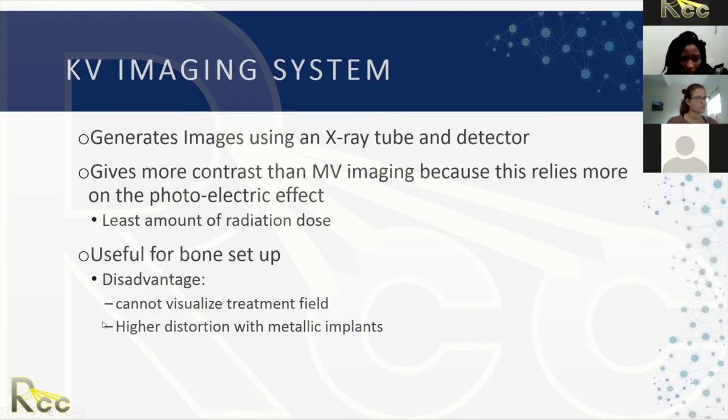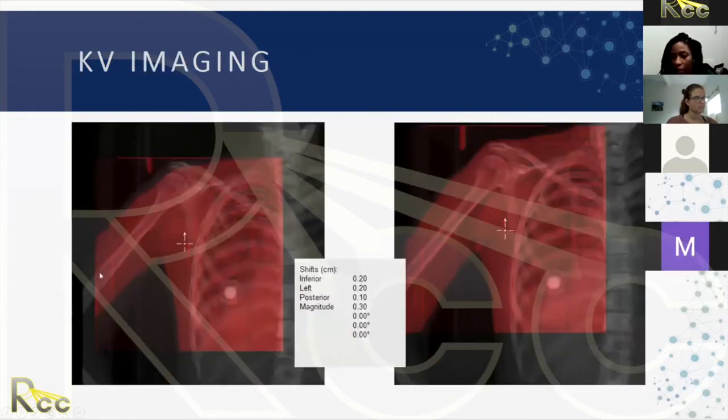Also, there's high distortion if you have metallic implants with KV imaging. Here's an example of a patient where we're treating the shoulder area. The gray outline is the DRR that was generated after the treatment plan, and the red overlay is the treatment image that was initially acquired.